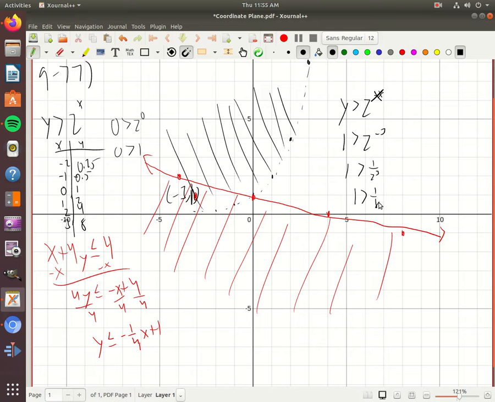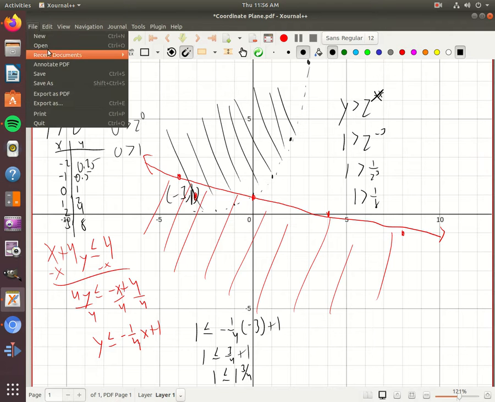So 1 is bigger than 1/8, so that's true. And then if I plug in negative 3, 1 over here, I get 1 is less than or equal to negative 1/4 times negative 3 plus 1. So 1 is less than or equal to, that's going to be positive 3/4 plus 1. So 1 is less than or equal to 1 3/4, which again is also true. So we're going to get a graph that looks something like that. Hopefully yours looks nicer and neater.